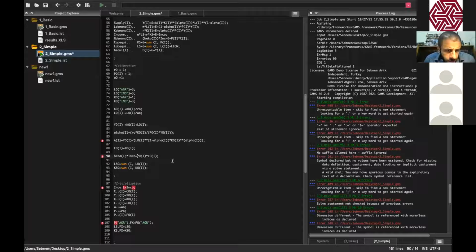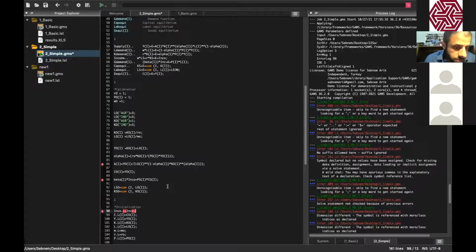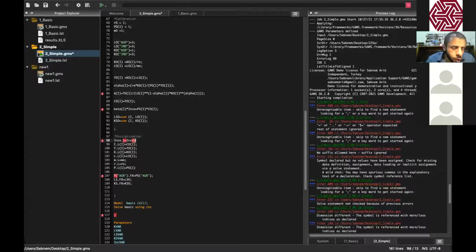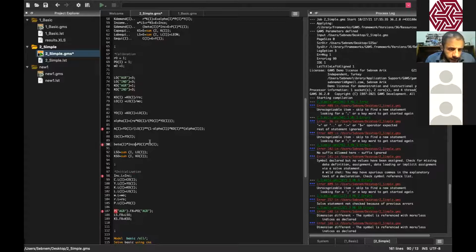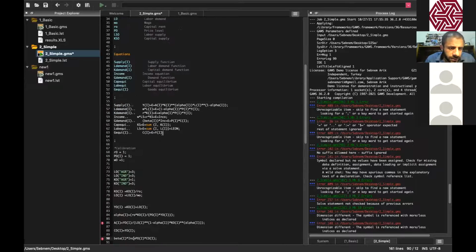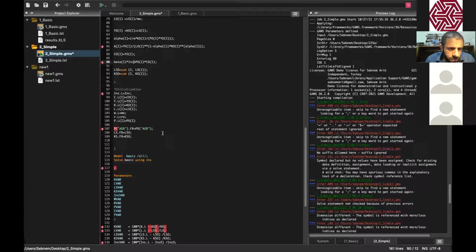Okay, there is some kind of problem here about income, because this is the problem here also. Maybe GAMS is doing something. Yes, because it must be inc, not inc O. In the calibration it was correct. It's inc O. Really?